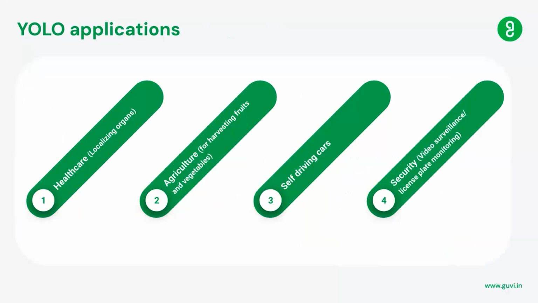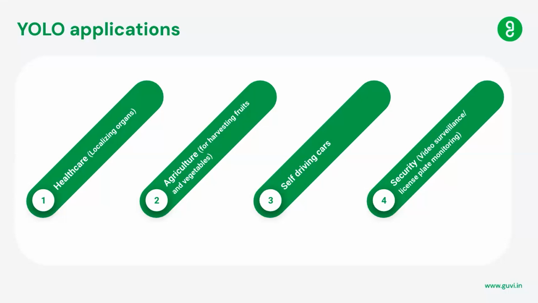If you use YOLO based technologies, it will help you identify the positioning of a particular organ and also the size of a particular organ per se. It has its applications in agriculture where in dense agricultural scenarios, it helps you identify the right fruit which can be harvested and thus saves a lot of time for farmers.